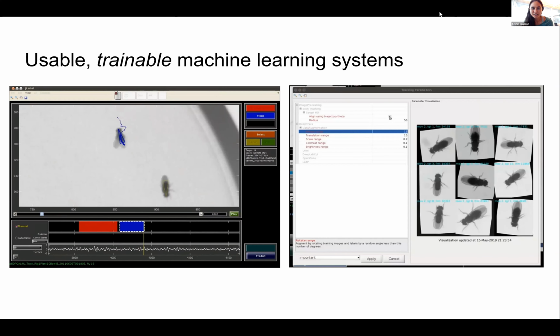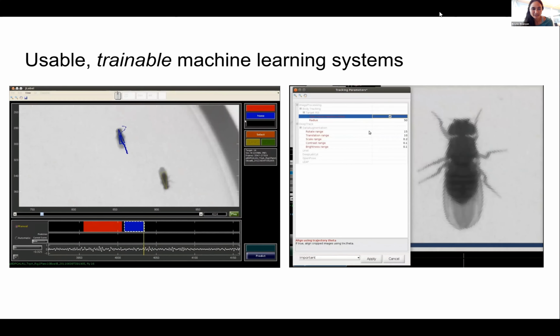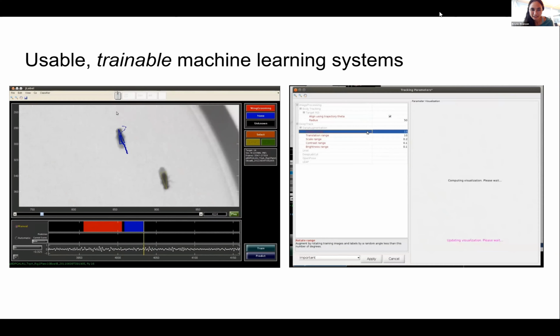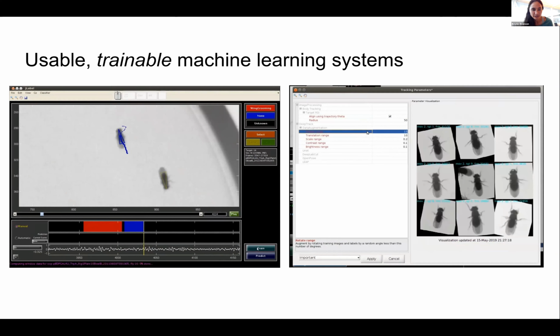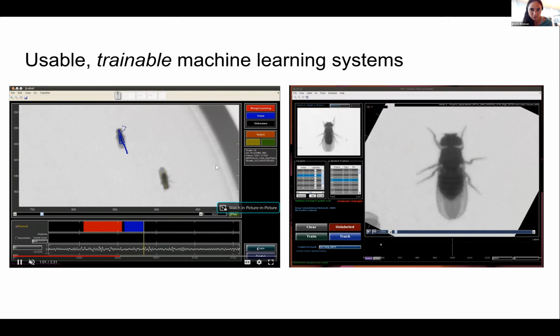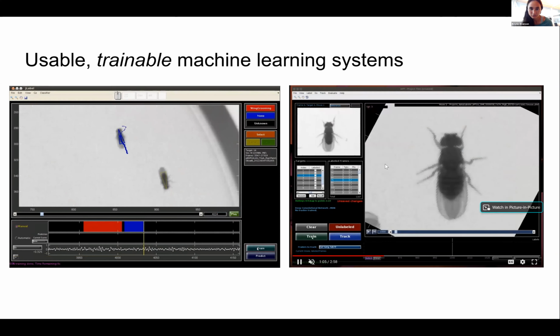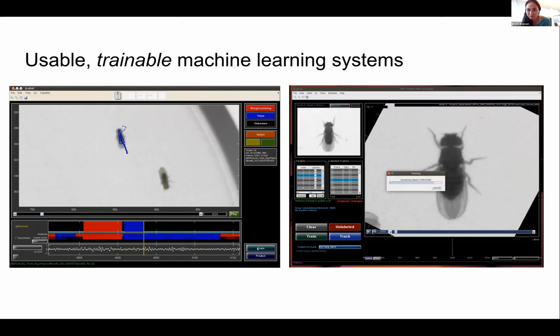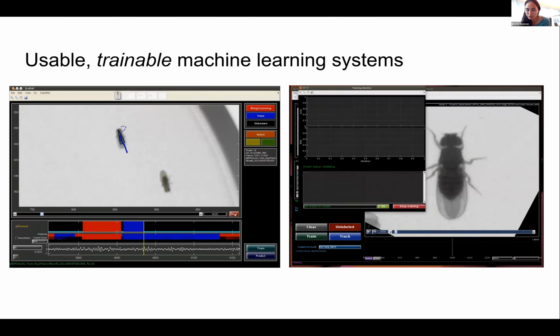And one of the things that we've done, so I've been making these kind of usable interfaces for working with video since I was a postdoc. So Ctrax went back in 2007, and then JAABA was back in 2012, and then APT is something we're still working on. And every time we do it, we kind of start from the beginning with nothing, and we build almost exactly the same components over and over again.